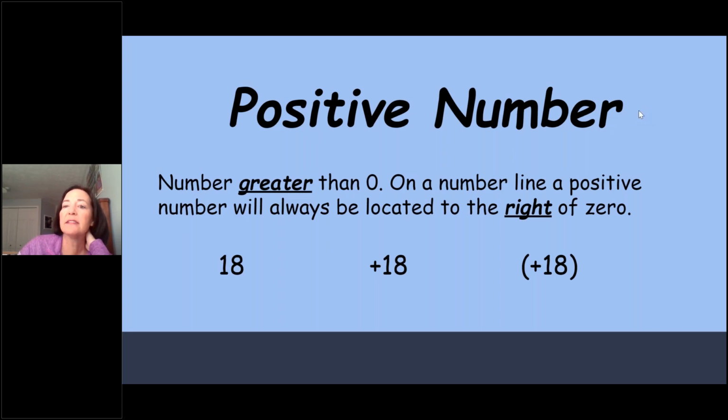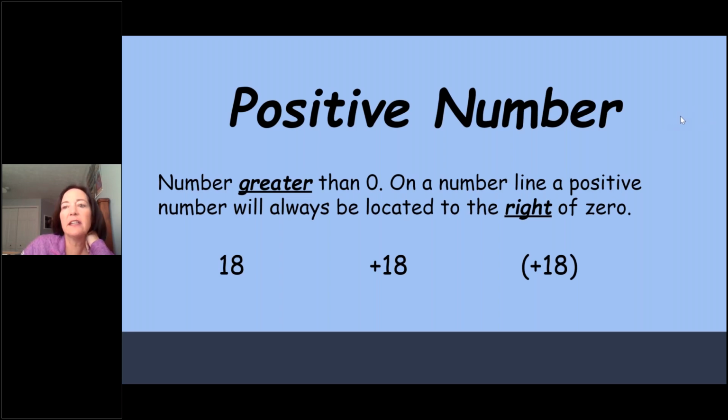Sometimes you will see the positive sign put with the number. In a lesson specifically about positive and negative numbers, you will see that sign added a lot. Beyond this lesson and this packet, you probably will see the number written just like 18.